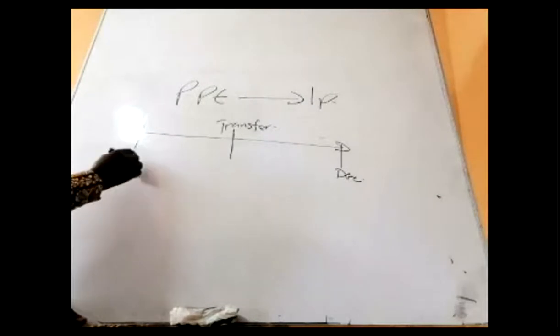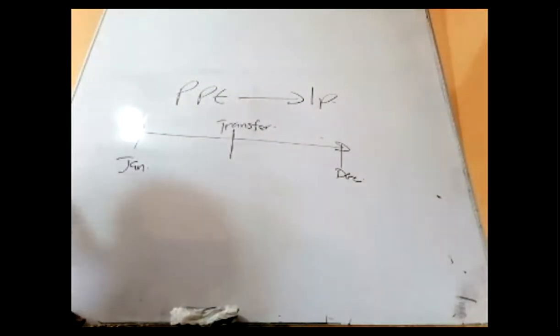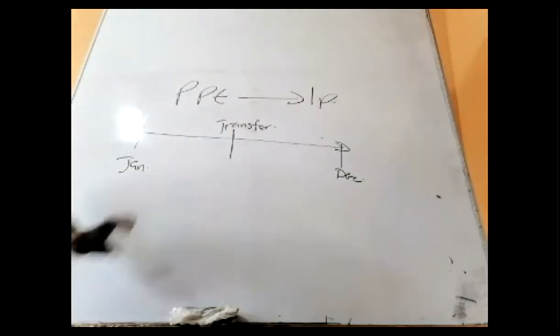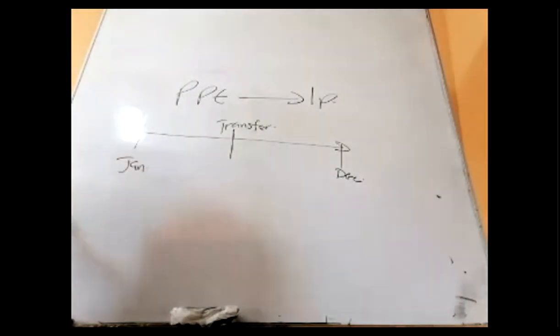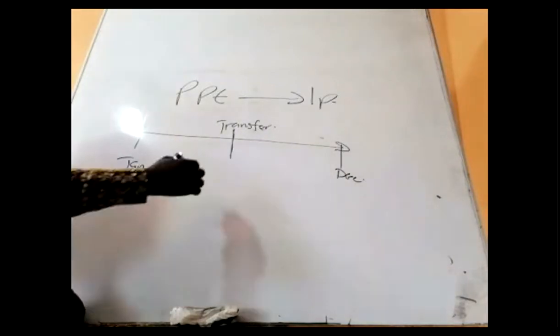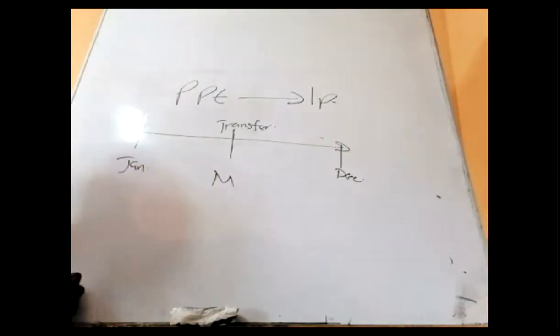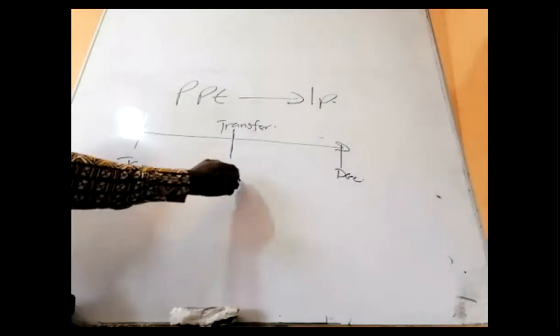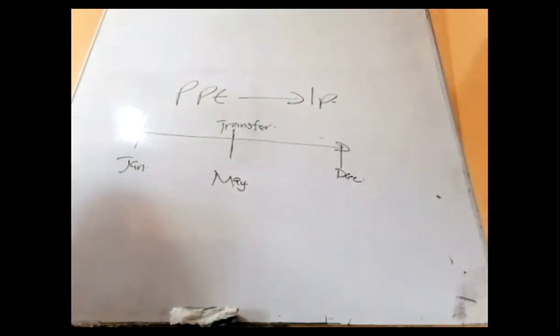So January, the asset was still with us. The transfer took place, let's say, after 5 months, leaving 7 months. So at the end of May, the last day of May, we decided to transfer the property from PPE to investment property.